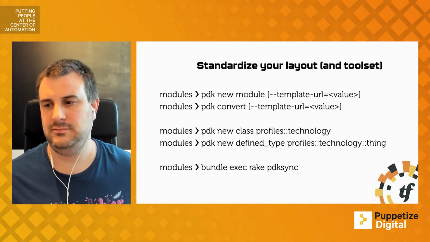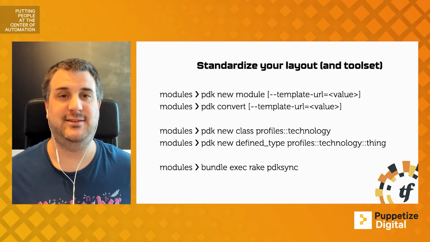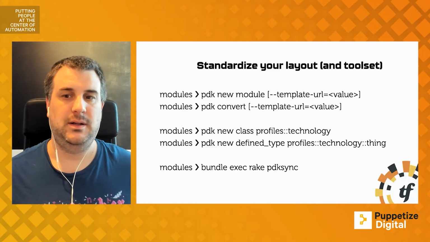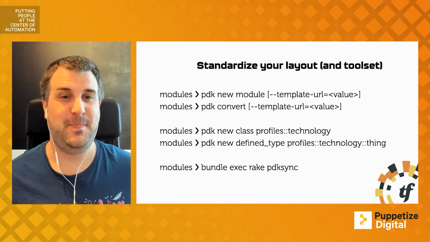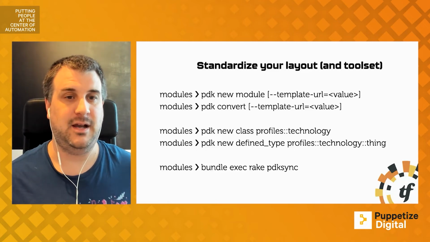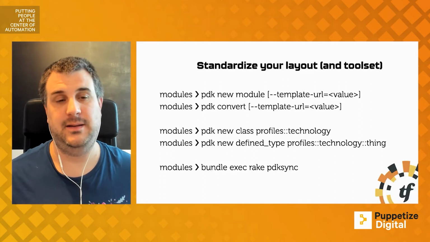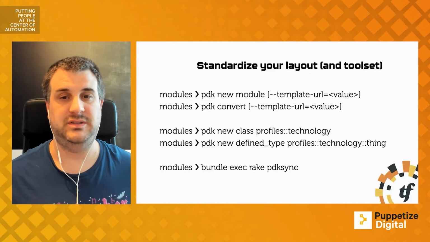So let's stop complaining and start building up what I think should be a reusable profile. Quite a while ago already, the guys at Puppet came out with a tool called PDK, which is the Puppet Development Kit, and that streamlined the way modules get set up.